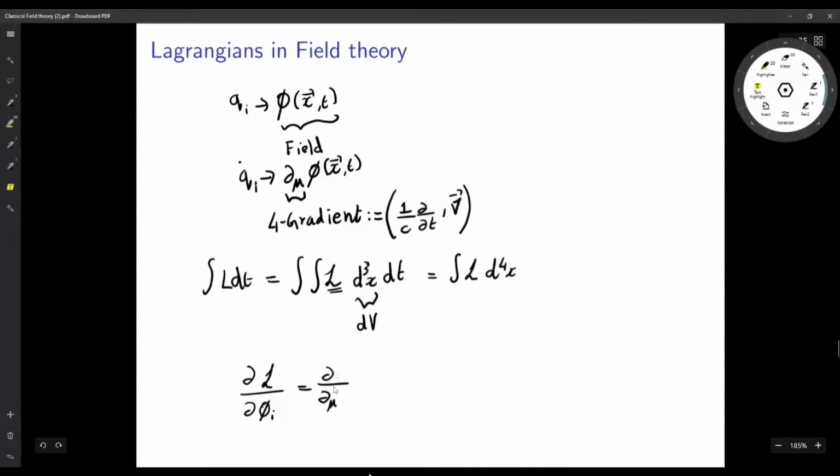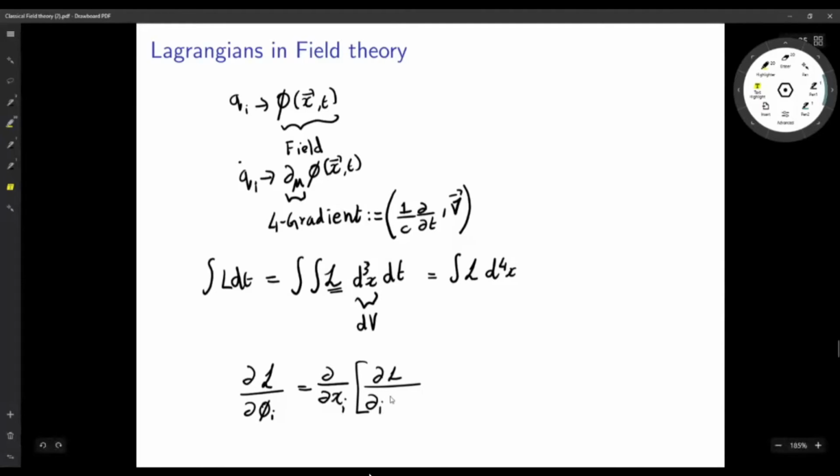Why is it ∂/∂x? Because your phi is dependent on your xi. Of, again, here's where it gets tricky, of the Lagrangian with respect to, this is where it gets really messy.